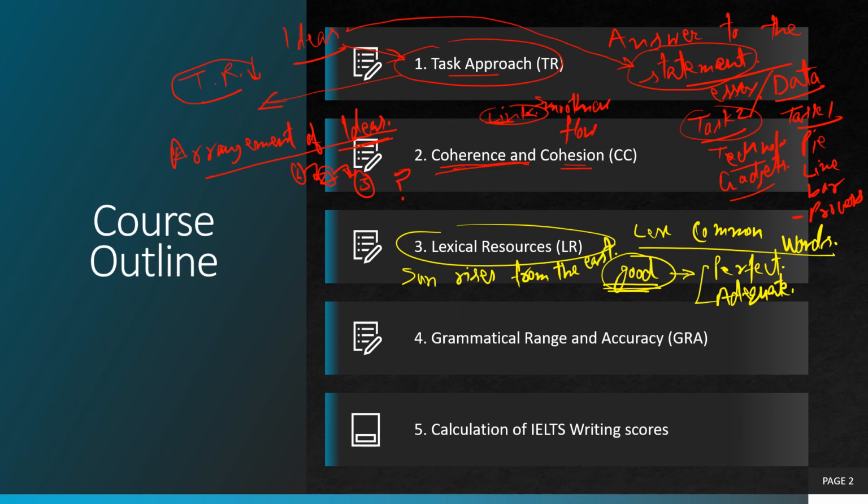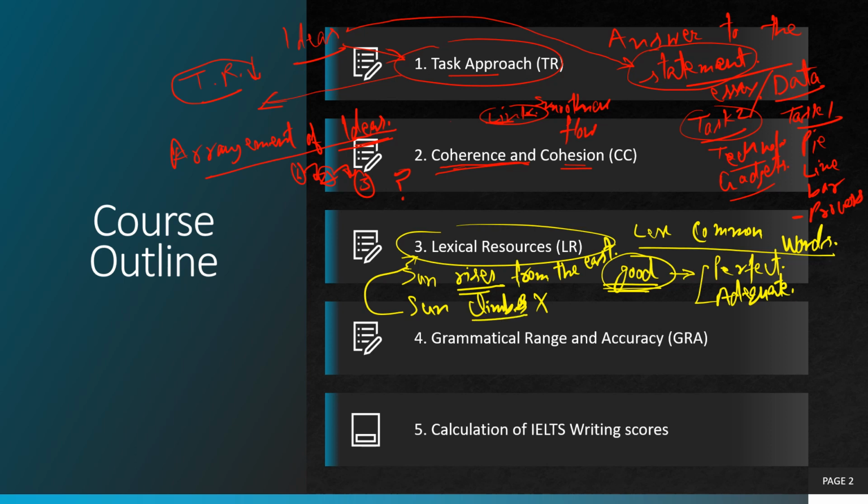But the verb "rises" always comes with sun. We cannot say that the sun climbs. If we write this, it will be wrong. Why? Because we are lacking our lexical resources. We are making use of an inappropriate word here.